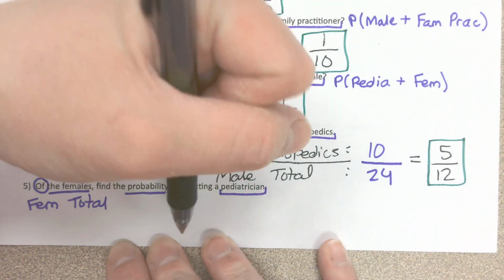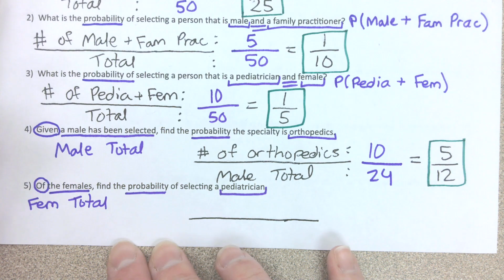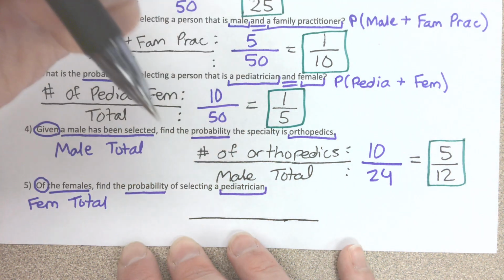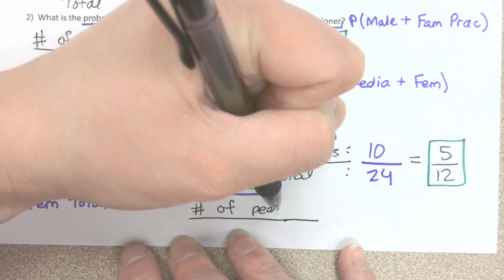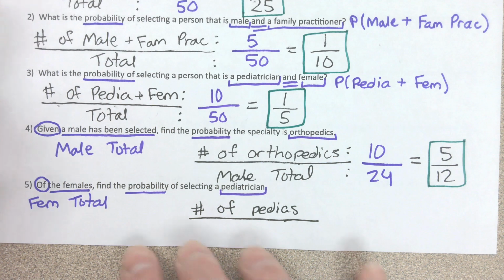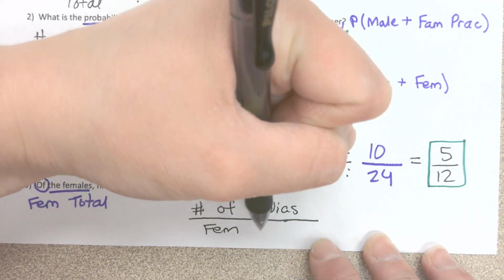Let's set up our fraction. We want pediatricians, so number of, I'm just going to put pedias for short, over the female total.